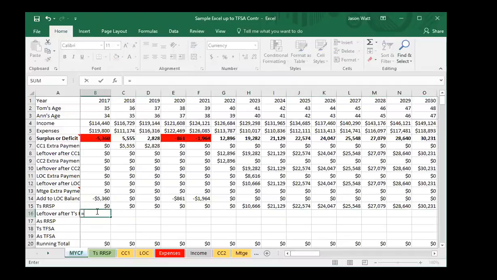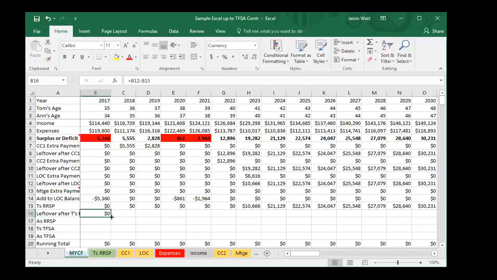And it just becomes whatever we had left over after the line of credit, minus whatever we just put onto Tom's RRSP.